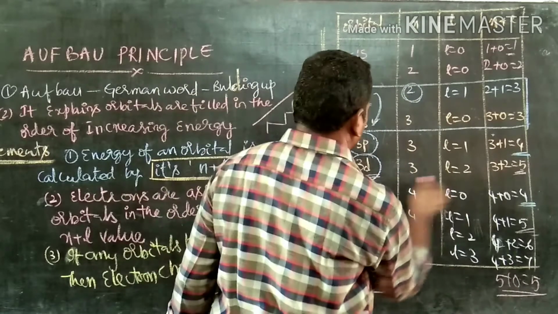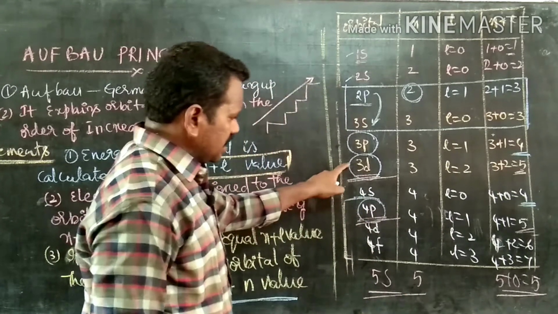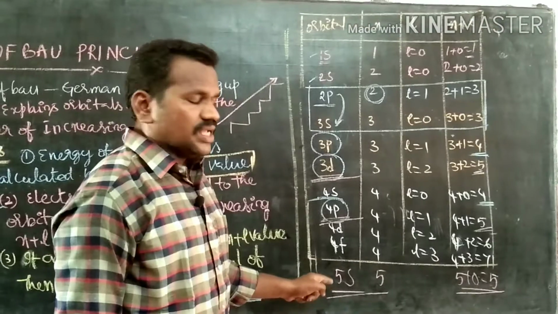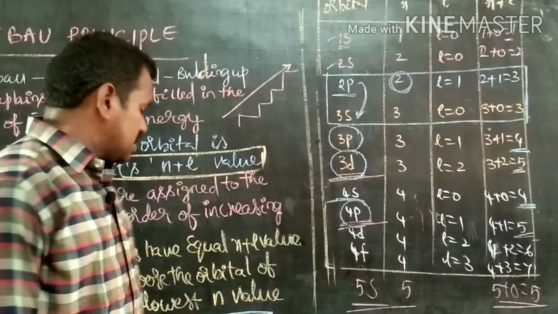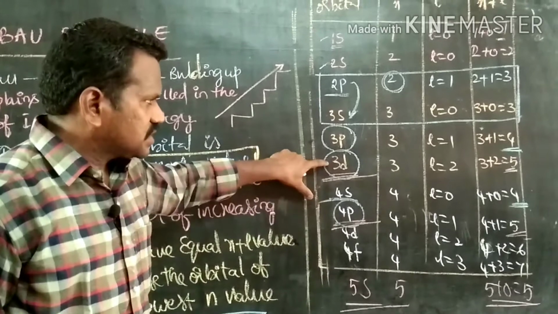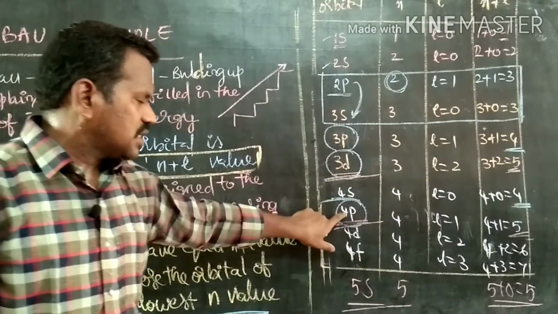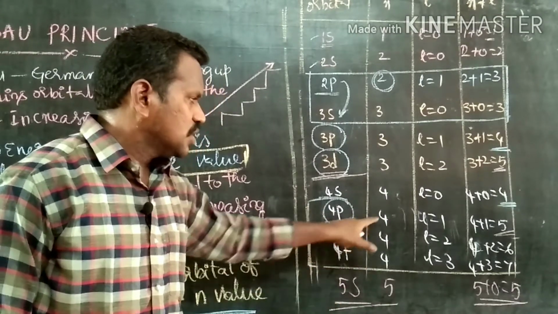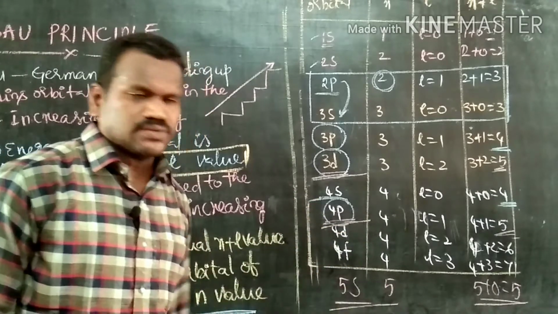If you observe 3d, 4p, 5s, in these three the energy of the orbitals is all the same. Then as per statement 3, the electron should enter into 3d first. Why? Because of the lowest n value. Then the electron enters into 4p. Why? Because as compared to 5s, the lowest n value is 4. Then it enters into 5s, that is 5.